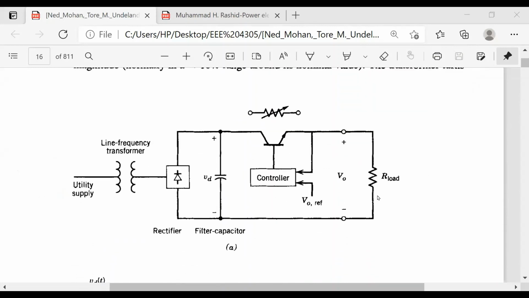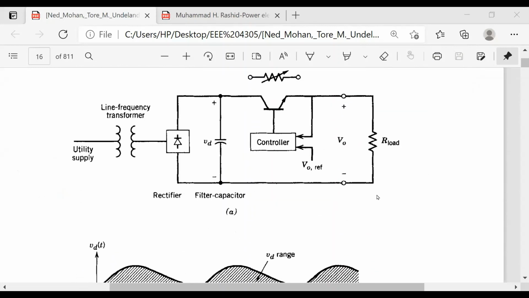If you look at the figure, this is a regulated power supply, where you will get a constant DC voltage on the load.